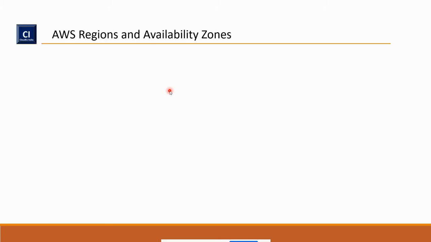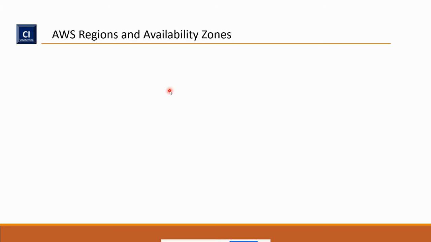So the first one is AWS regions and availability zones. As you know, this is the most important place to begin with AWS services, since any of the services depend on these regions and availability zones. However, there is a category of services.